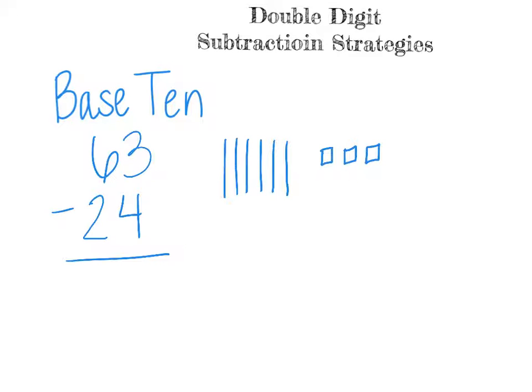Then I'm looking at my ones, and I have 3 ones, but I need to take away 4. And I can't do that because I only have 3 ones. I can't take away 4 because I do not have enough. So I need to cross out a 10, and I'm going to cross out a 10 over here, and then I put 10 ones in my ones place.